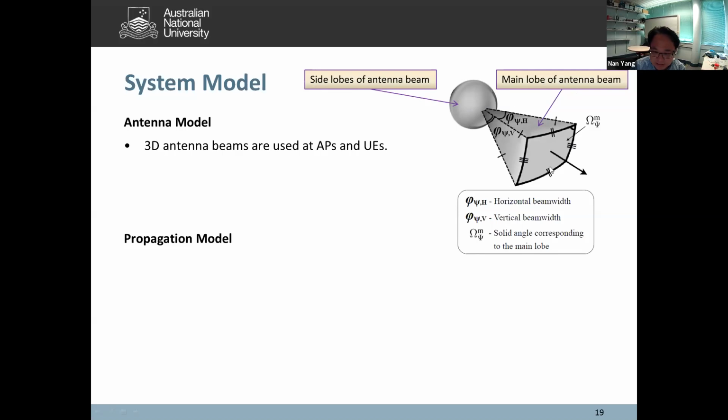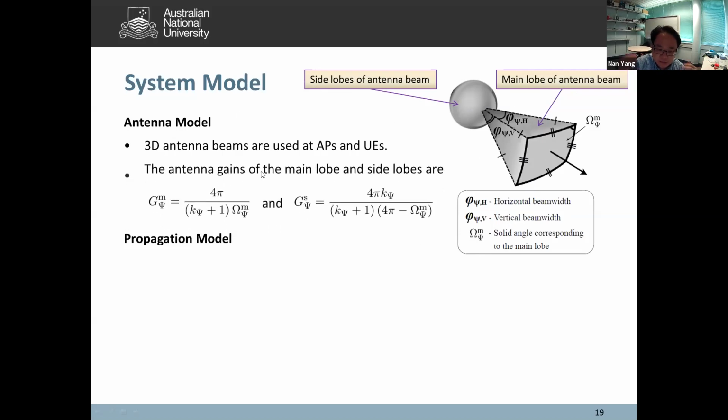We can see this is 3D because we can see the horizontal beamwidth and the vertical beamwidth. And then the antenna gains, by using some antenna propagation theory, we model in these two equations. But definitely our analysis is also valid if we consider another type of antenna gains.